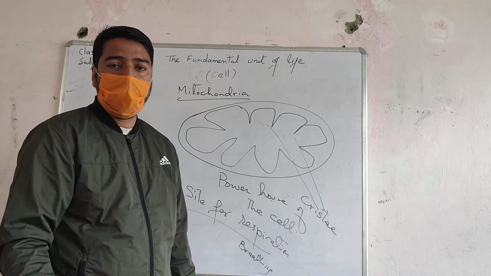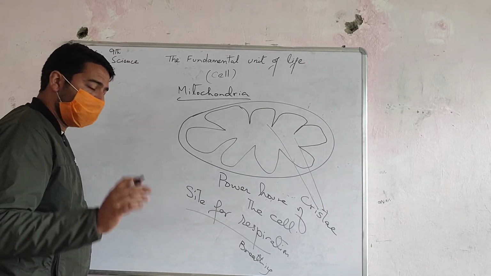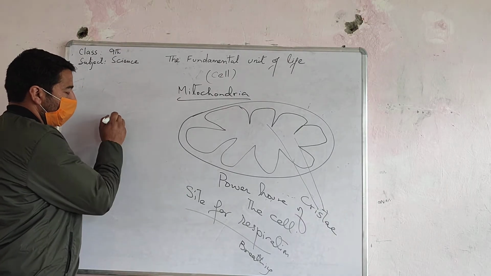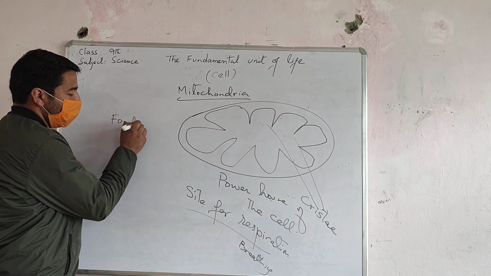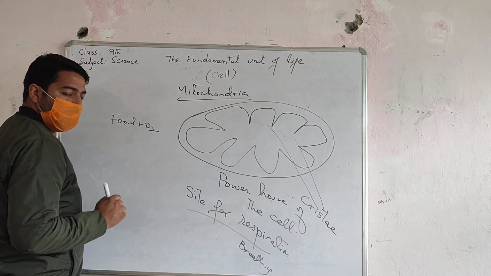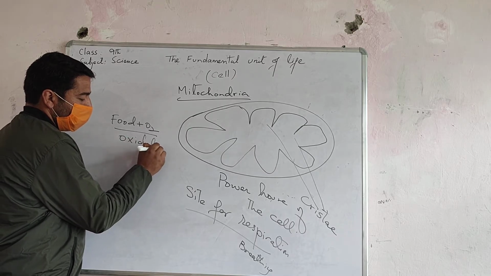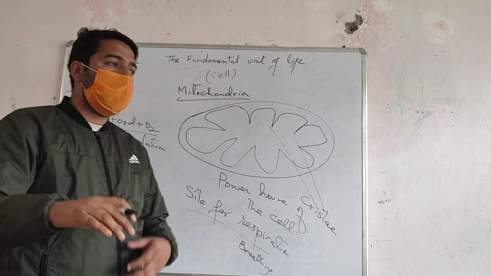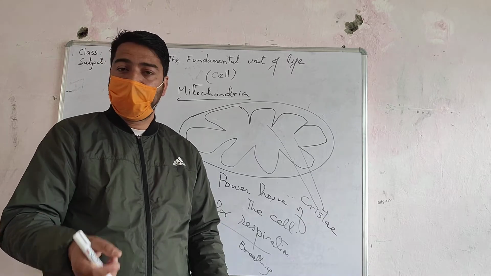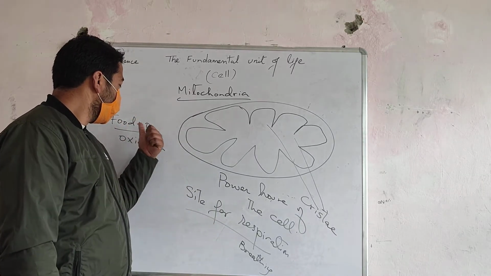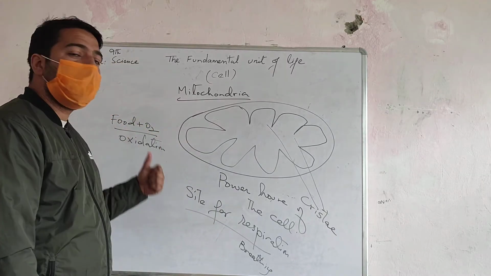So food gets mixed with oxygen. That is called oxidation. Oxidation means addition of oxygen to something. So food is added with oxygen.